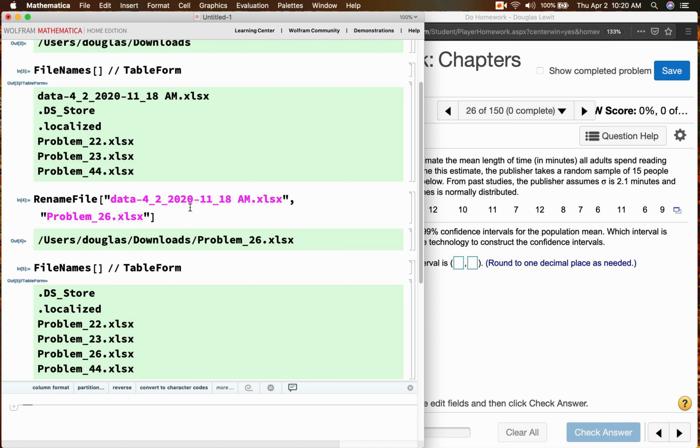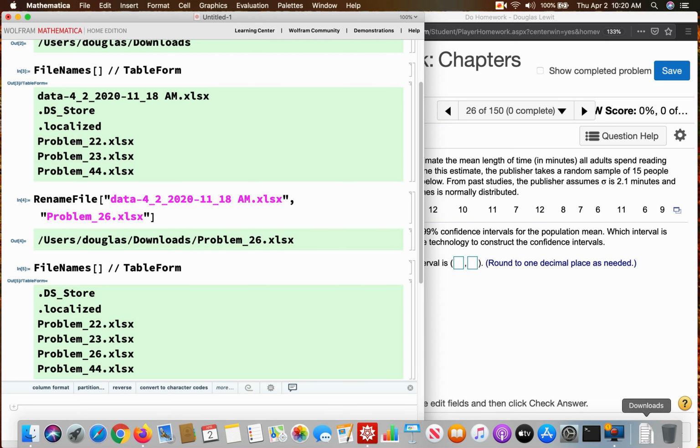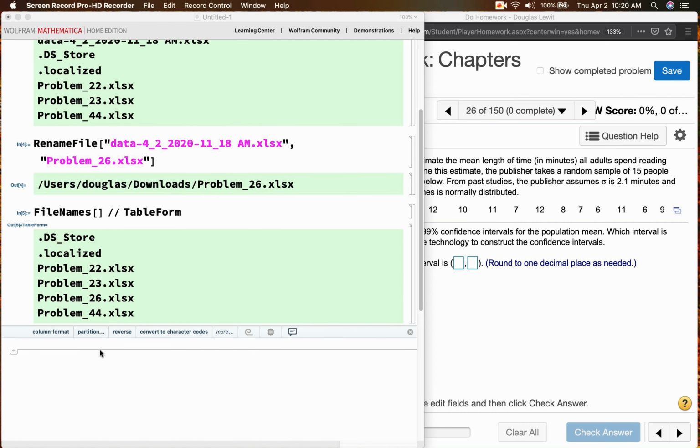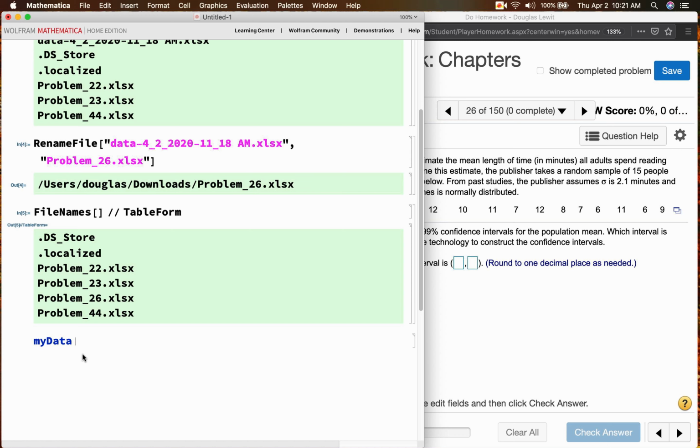Okay, so now I just need to go through the usual procedure. As usual, we're going to import the data, and I like to call it my data.